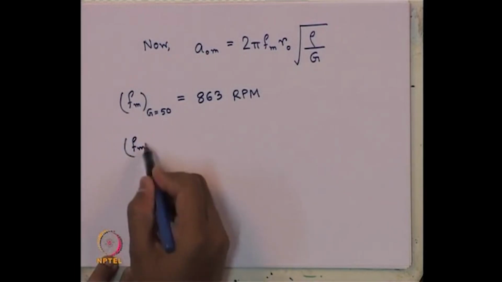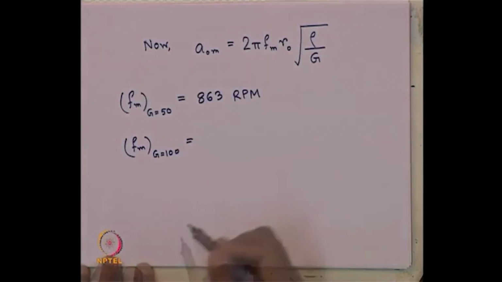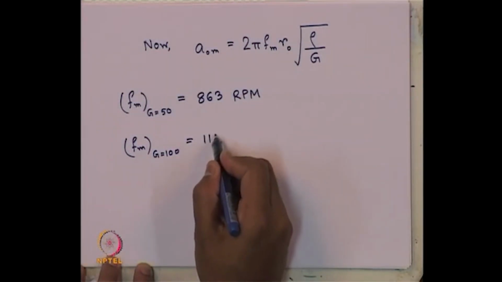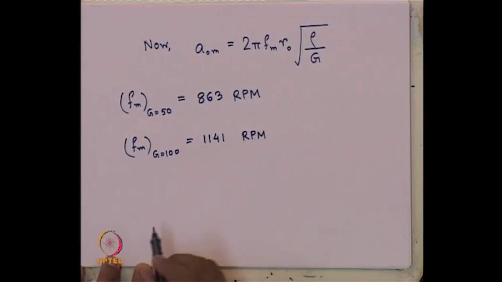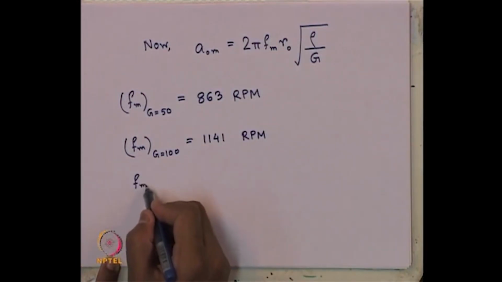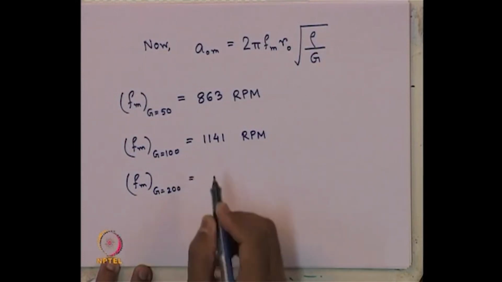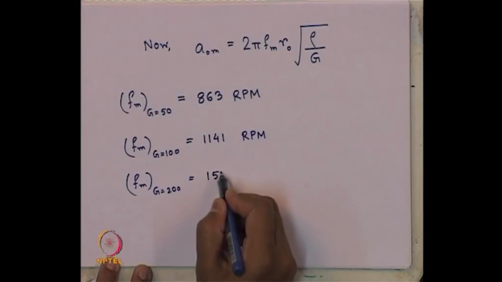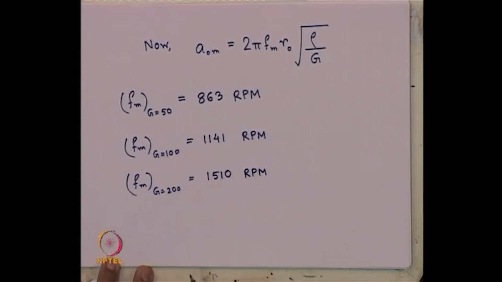So, now for other two types of soil, fm with g equals to 100, if I calculate, I get this value, and for fm with g equals to 200, I am getting 1510 as RPM.